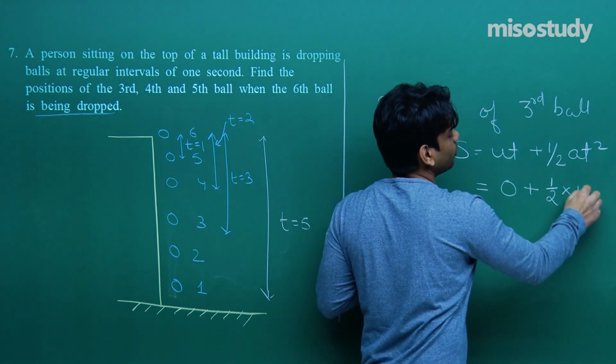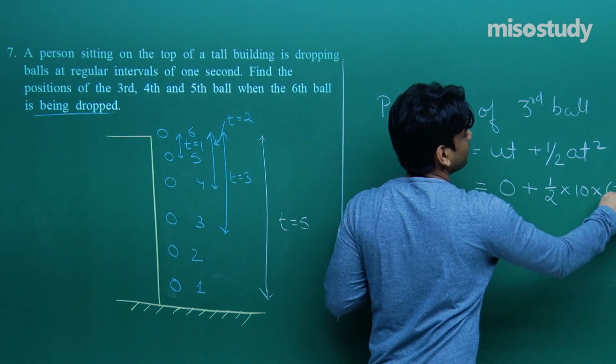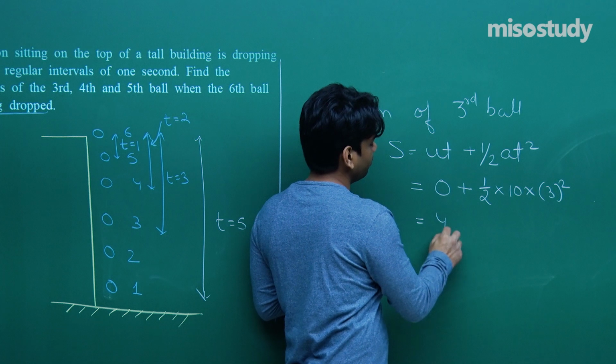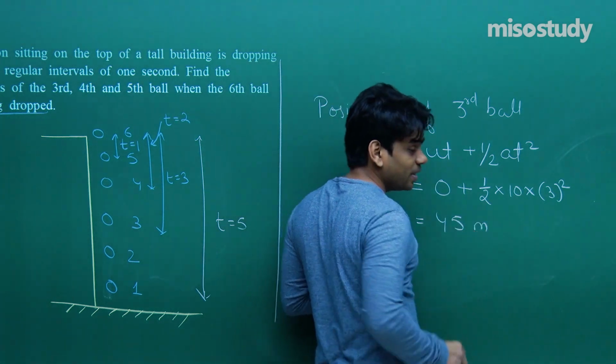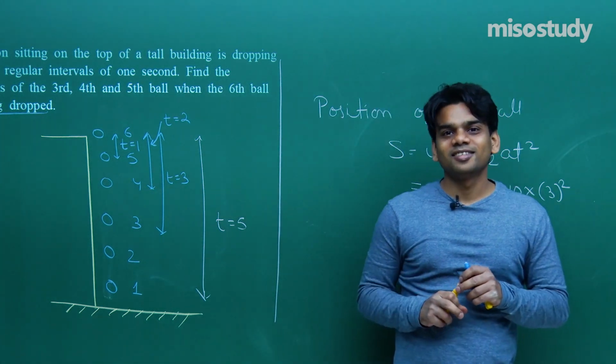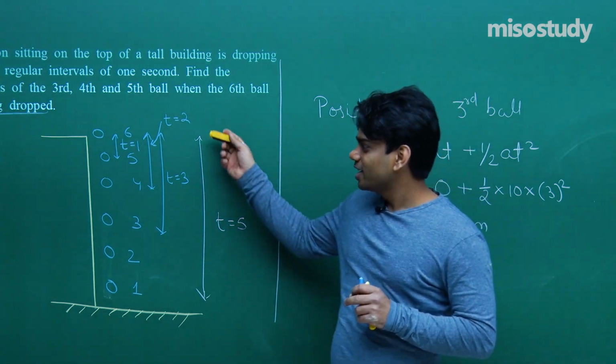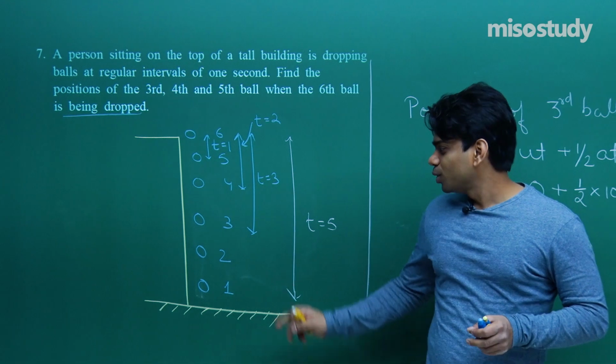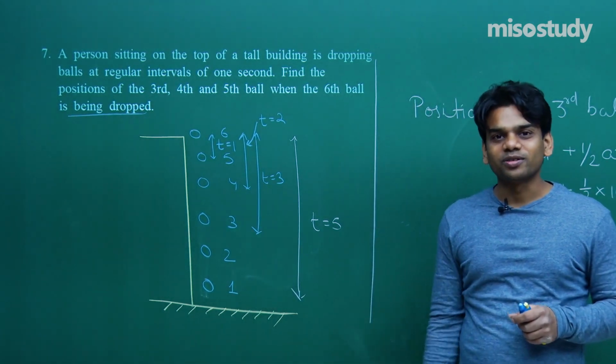Let's keep the a value as 10 and t value as 3. You are going to get 9 into 5, that is 45 meter. That means at a level of 45 meter from the top of the building, the ball would be positioned. It will be somewhere here, that is 45 meter.